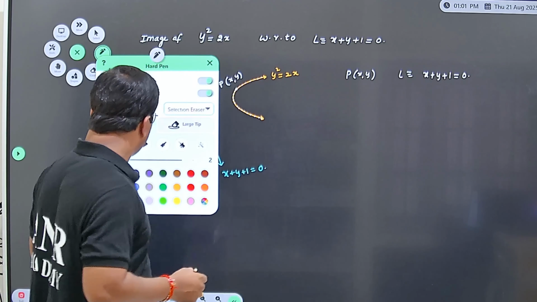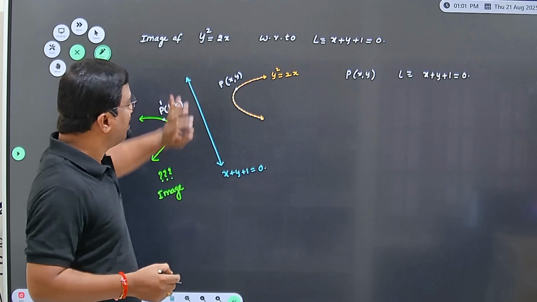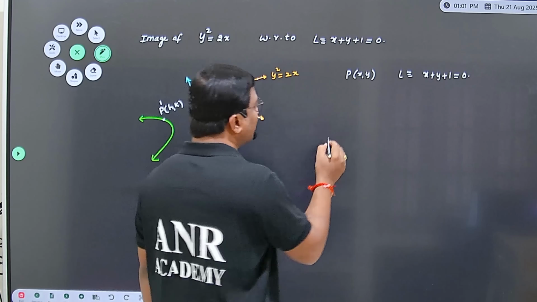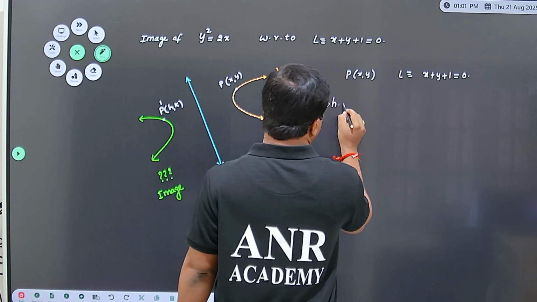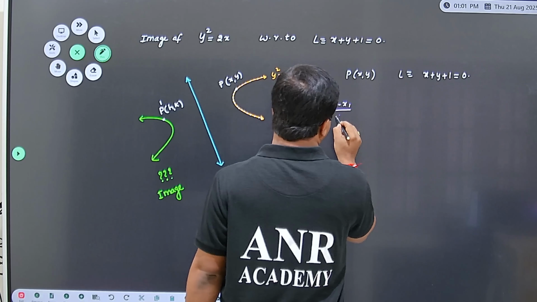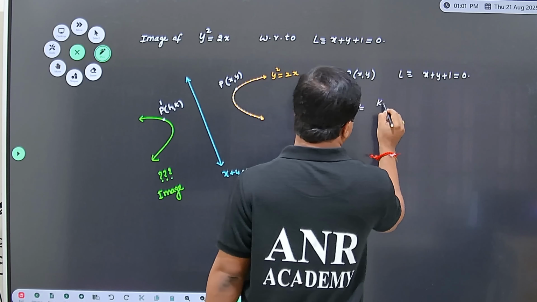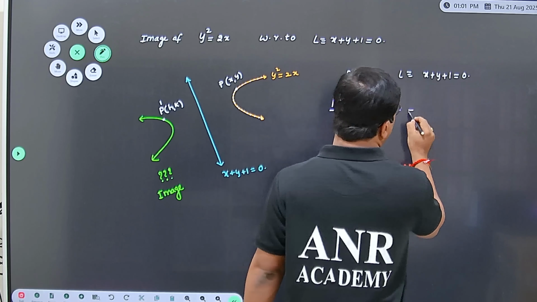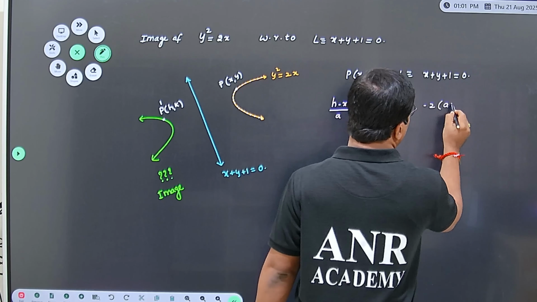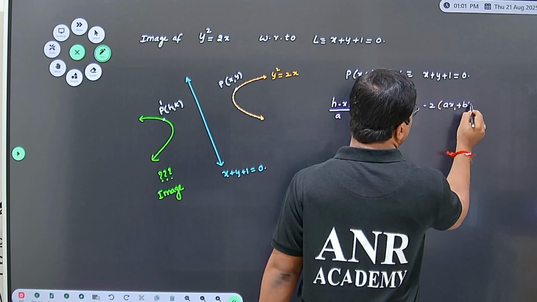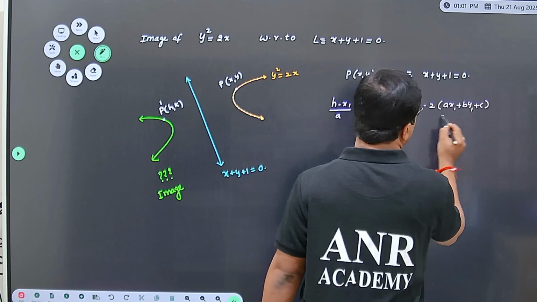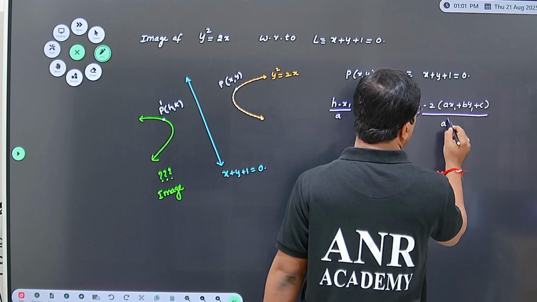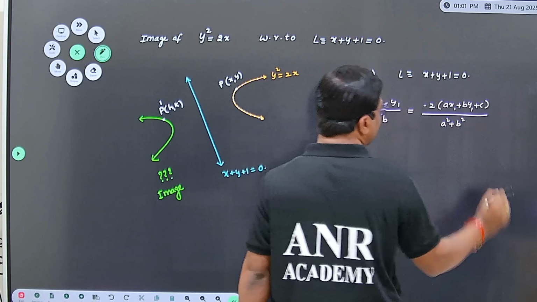I am going to use the image theorem. We know that (h minus x1) divided by a equal to (k minus y1) divided by b equal to minus 2 of (a x1 plus b y1 plus c) whole divided by (a square plus b square). This is the formula.